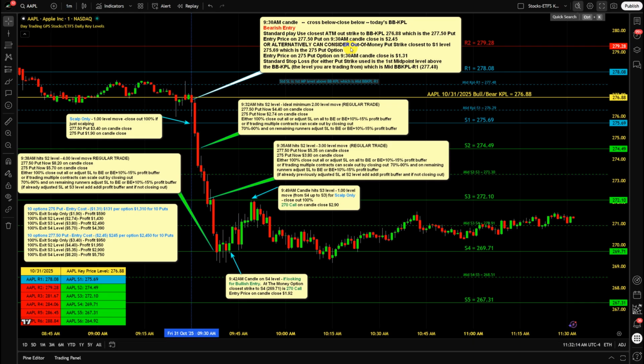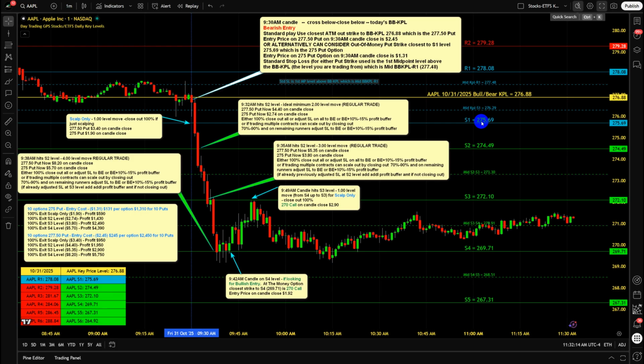Generally speaking, you look in the direction of the trade, and you can look at either the first midpoint in the direction or the first main level in your direction. So here we have mid KPL S1 276.29, and then we also have the S1 275.69.